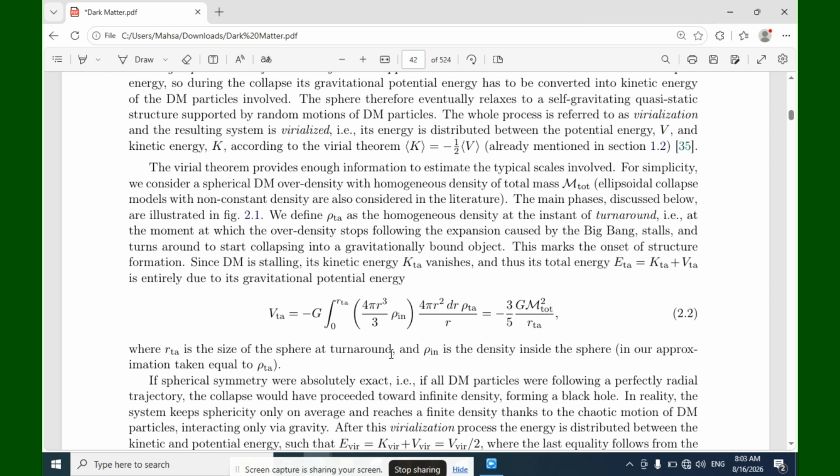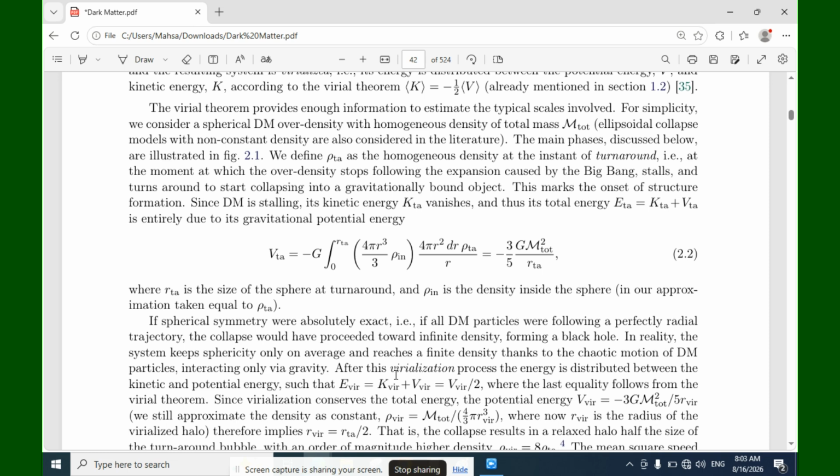V TA is equal to minus G times the integral from 0 to R TA of 4 pi r cubed divided by 3 rho in times 4 pi r squared dr, which gives minus 3 divided by 5 G M total squared divided by R TA, where R TA is the size of the sphere at turnaround, and rho in is the density inside the sphere. In our approximation, we take it equal to rho TA.